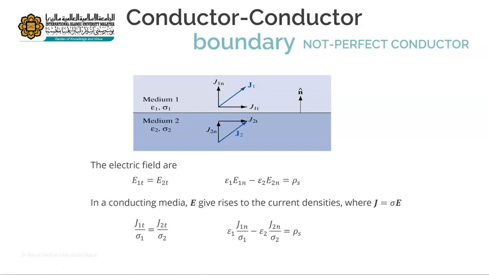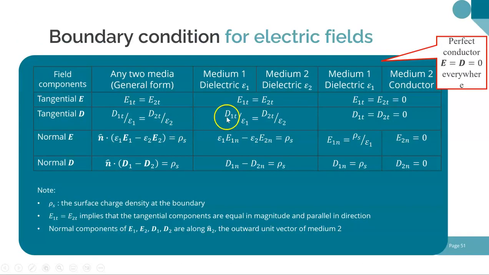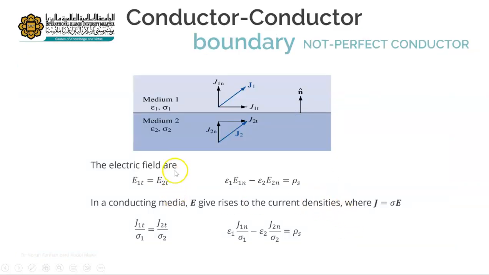But if you have a condition where both medium 1 and medium 2 are not perfect conductors, so none of these are perfect conductors, you have to use the table in the middle here, where you are considering dielectric 1 and also dielectric 2. So the electric field here, E1T is equal to E2T, so you have to find out using the Ohm's law equation.